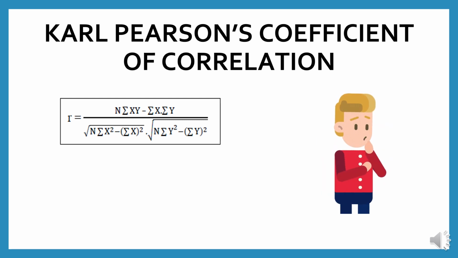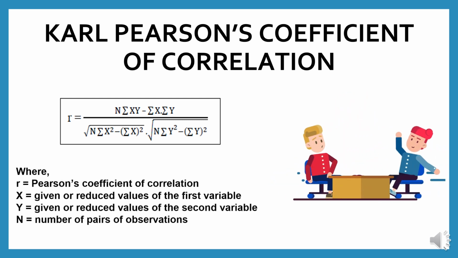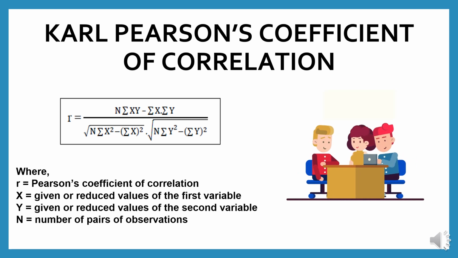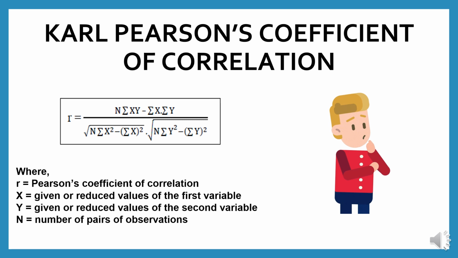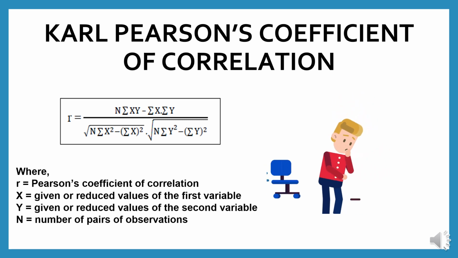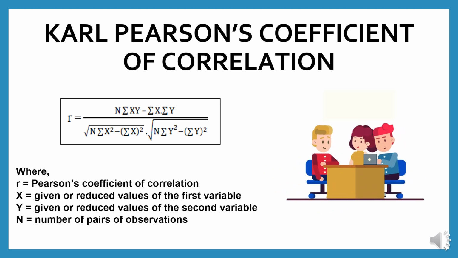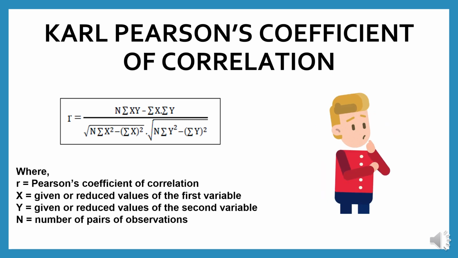Here, r is Pearson's coefficient of correlation, X is the given or reduced value of the first variable, Y is the given or reduced value of the second variable, and n is the number of pairs of observations.